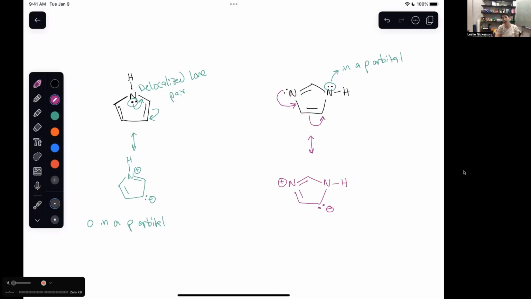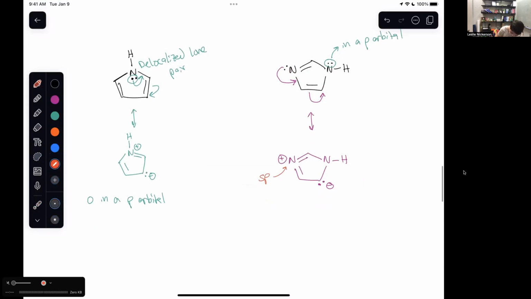I did all the right arrows for my electron movement, but there is something that should be making us feel a little bit uncomfortable. So if I do this, that nitrogen would be sp hybridized, right? Because now I only have a steric number of 2, because I've got this carbon and that carbon. So I only have 2 things around it. That's the only way that I could get 2 p orbitals, right? Because that nitrogen is now part of 2 pi bonds, which is what I would need in order to get this lone pair to be delocalized.